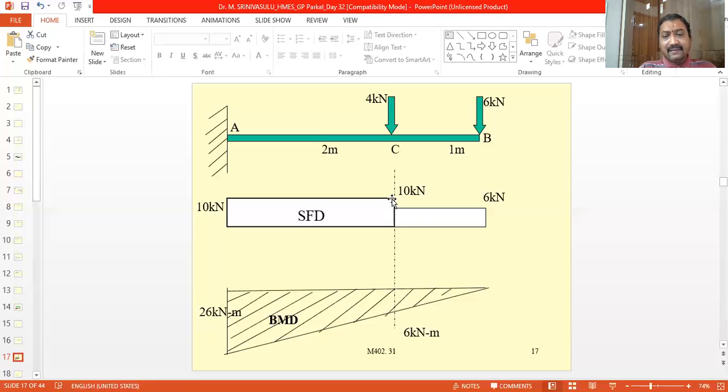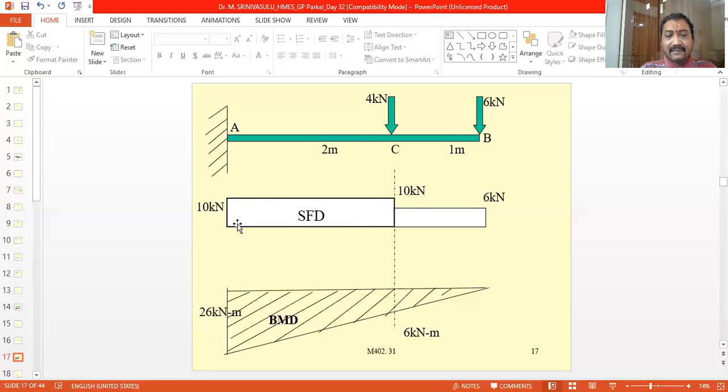So the shear force acting at point C is equal to 10 kilonewtons. Now at point A also, what is the shear force? It is 10 kN, because there is no other force between point C and point A, only these two forces. So the shear force is equal to 10 kN, and it is a horizontal line between point C and point A.